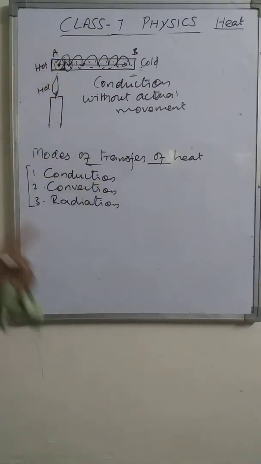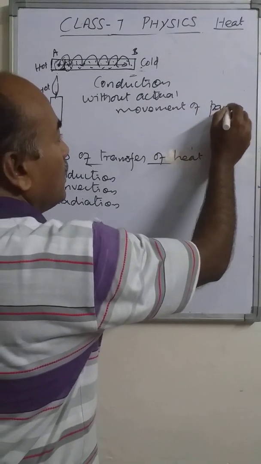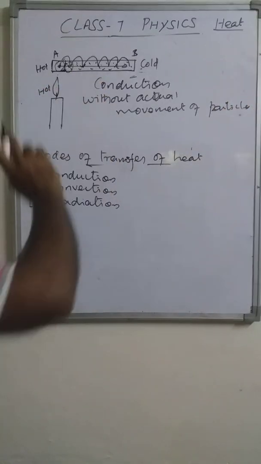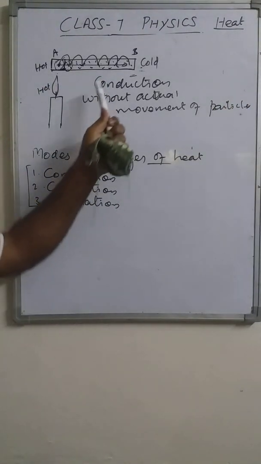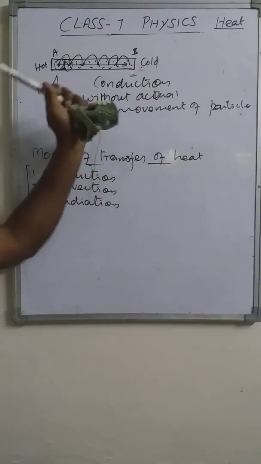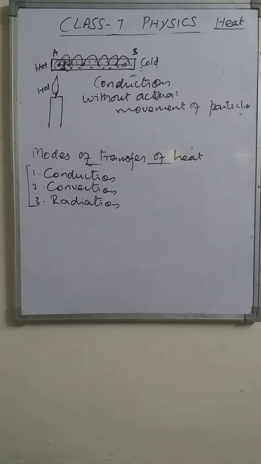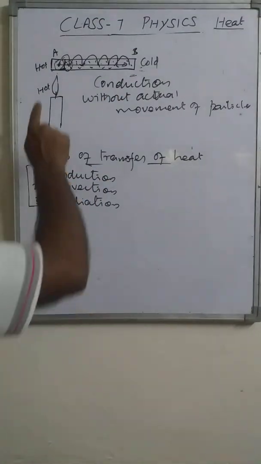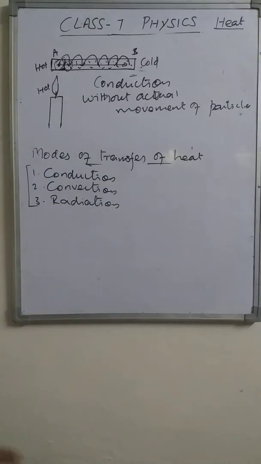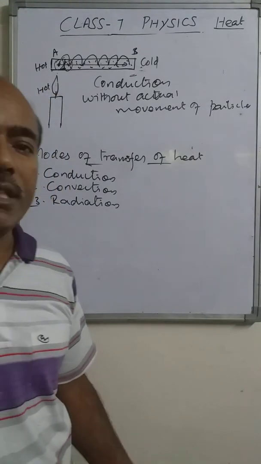It remains at the same place, just moving to and fro. Again I am repeating, the process in which heat is transferred from hot to cold through a material without actual movement of particles is known as conduction. For this conduction, the materials come in contact with each other. Here, all the particles are in contact with each other. So this is about conduction, and in the next session we will see the examples.